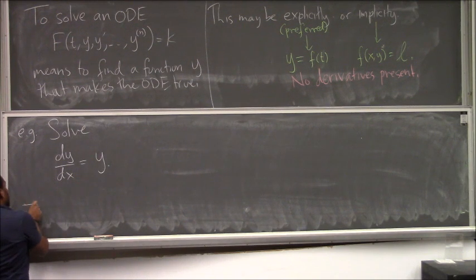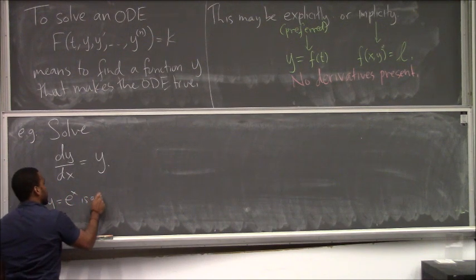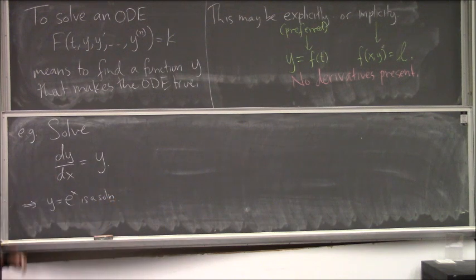So for example, you know that y equals e to the x is a solution, right? Why? Because if I take dy/dx of this, I get itself. This is a statement that says the derivative of some function with respect to x is the original function. So now you want to think, what does it mean to solve that equation? Well, tell me a function for which that is true.